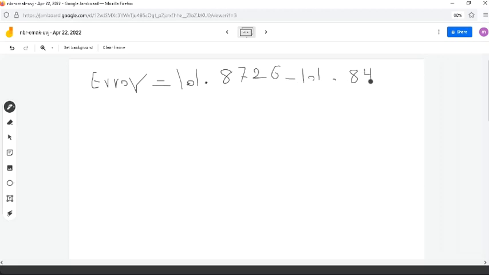And when we compute this difference, the result is 0.0326.